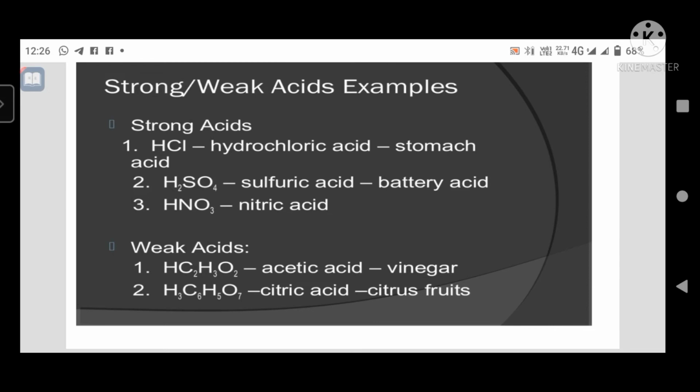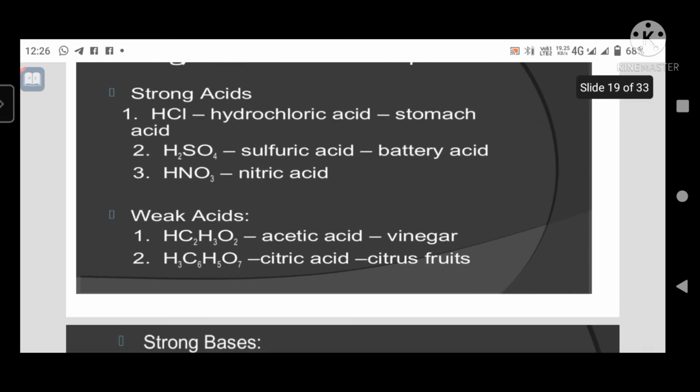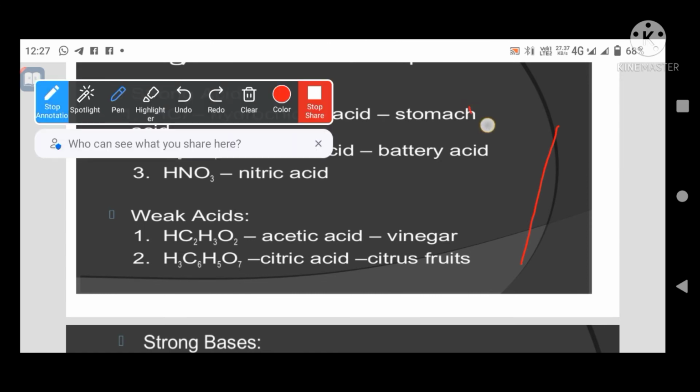Now the strong and weak acid examples. Strong acid: HCl, hydrochloric acid, the stomach acid that is present in the stomach.